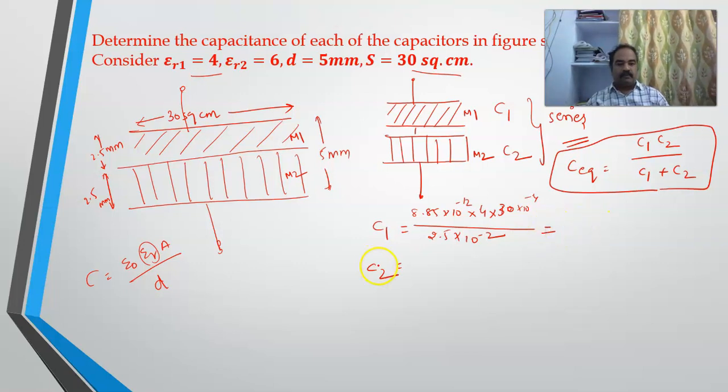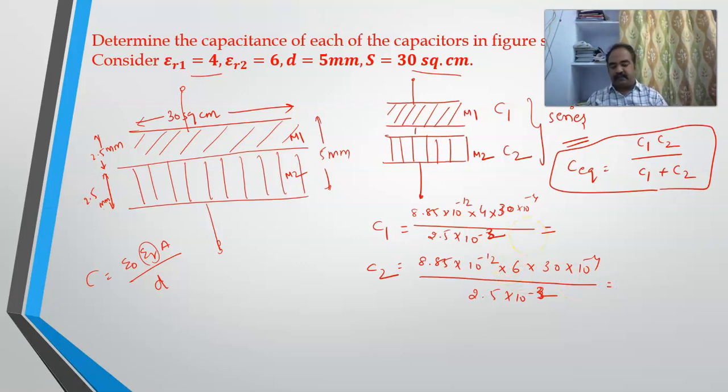And for C2, it is 8.85 into 10 to the power of minus 12 into the relative permittivity of the medium, which is 6, into 30 into 10 to the power of minus 4 by 2.5 into 10 to the power of minus 3, since it is in millimeters. So these are the values.